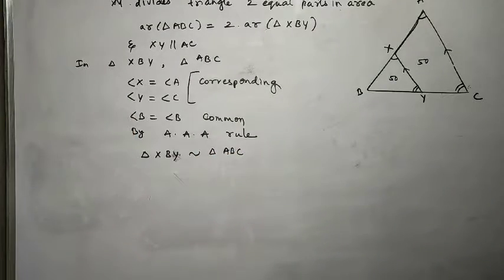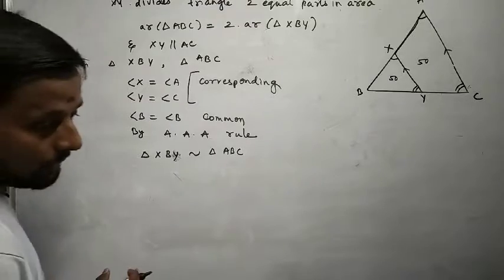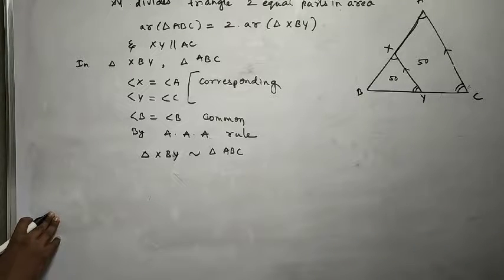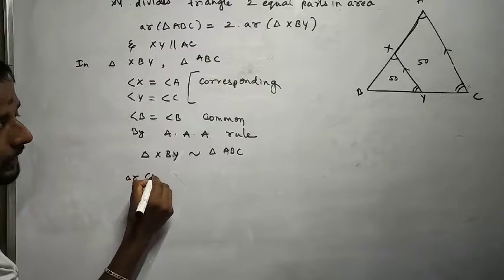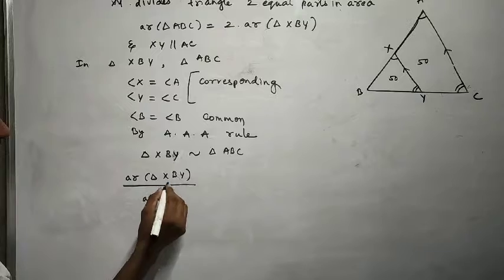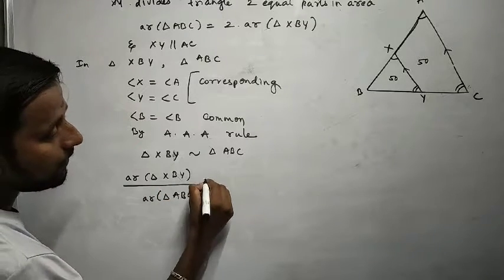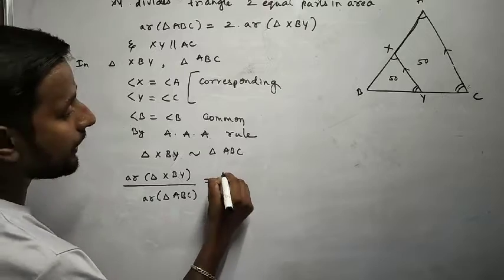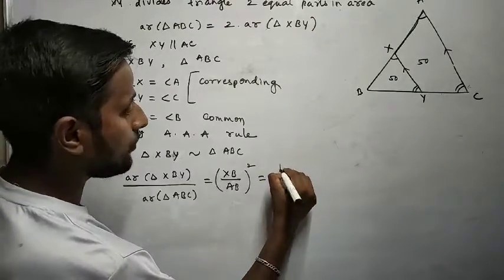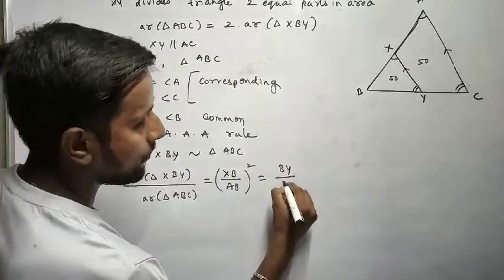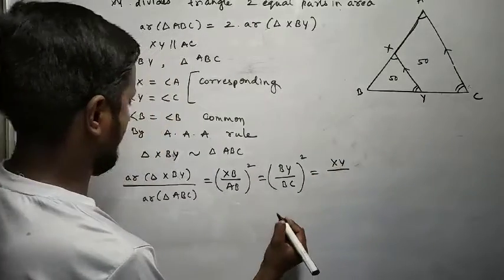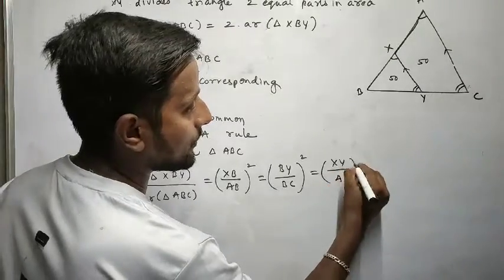Once the similarity is decided, then we'll talk about the areas. So what did you learn in the starting class? Area of triangle XBY by area of triangle ABC is equal to the square of XB by AB, whole square, is equal to BY by BC whole square, next XY by AC whole square.